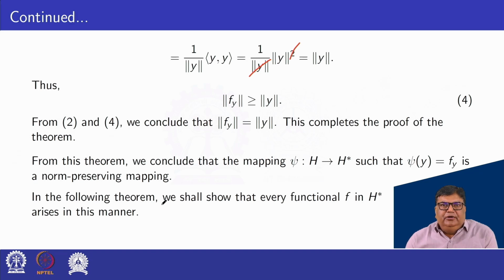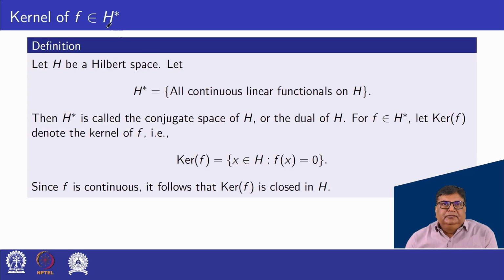In the following theorem, that is the Riesz representation theorem, we shall show that every functional f in H star arises in this manner. Kernel of f belonging to H star. Let H be a Hilbert space.